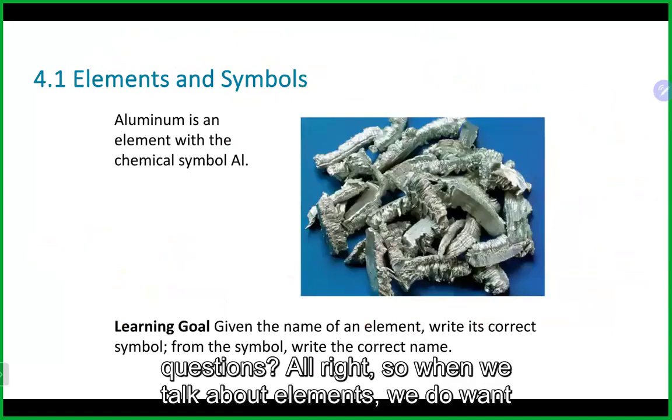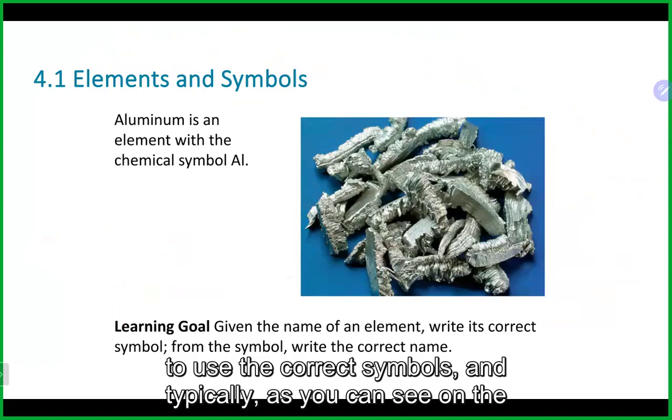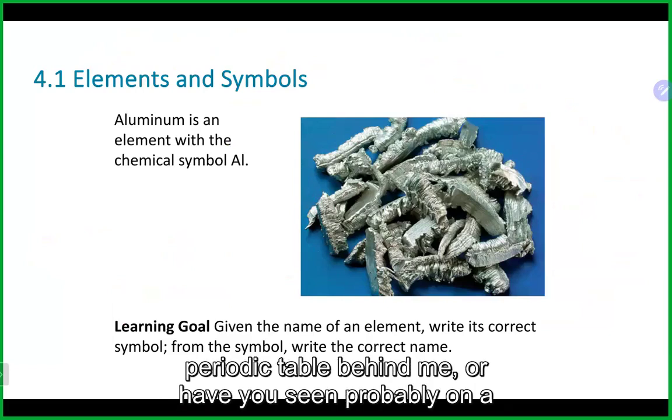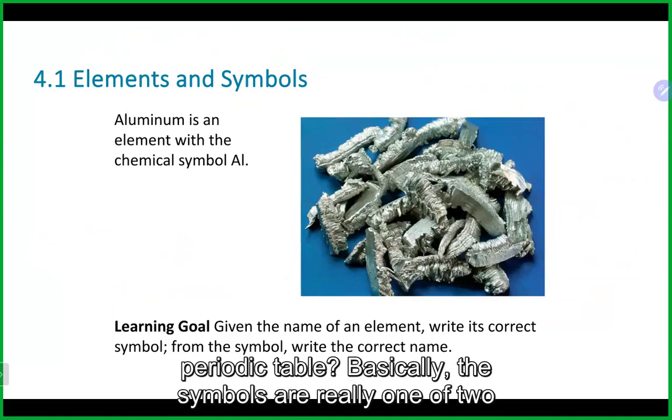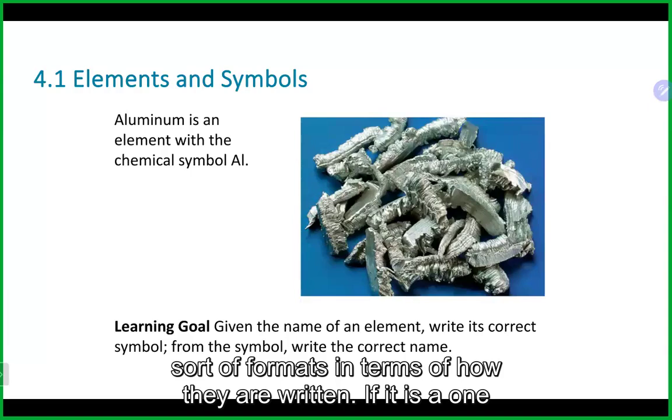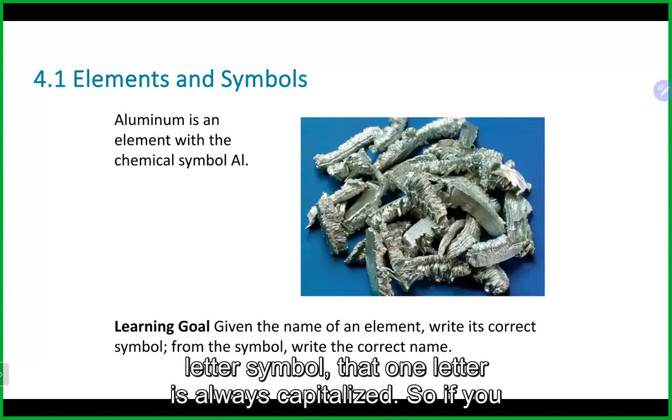All right. So when we talk about elements, we do want to use the correct symbols. And typically, as you can see on the periodic table behind me, the symbols are really one of two formats in terms of how they are written. If it is a one-letter symbol, that one letter is always capitalized.